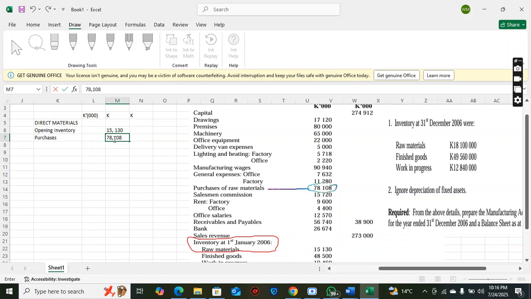Since we don't have that information here, we can just add these two values.